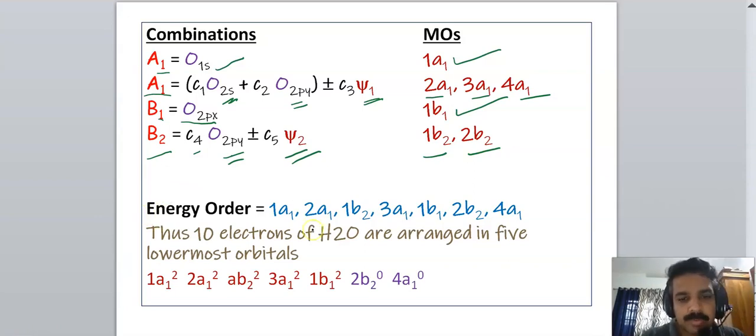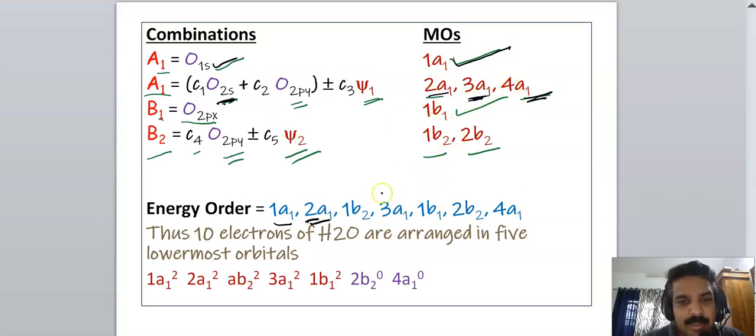Energy order, of course, 1A1 is the lowest energy. This is from oxygen 1s. And next are the molecular orbitals formed from the 2s orbital, that is 2A1, and that is actually bonding. This 3A1 is non-bonding and this is anti-bonding. So 1A1 is the lowest, then 2A1.